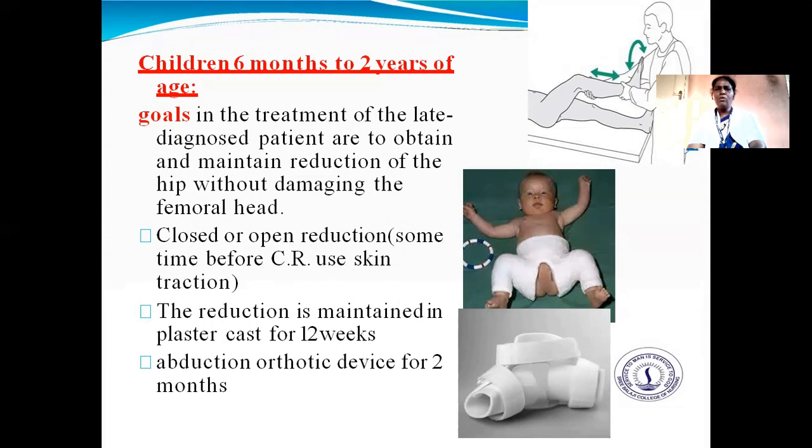Then closed or open reduction will be performed. Sometimes before closed reduction, we use skin traction. Then the reduction is maintained in a plaster cast for 12 weeks. Then abduction orthotic device for 2 months.